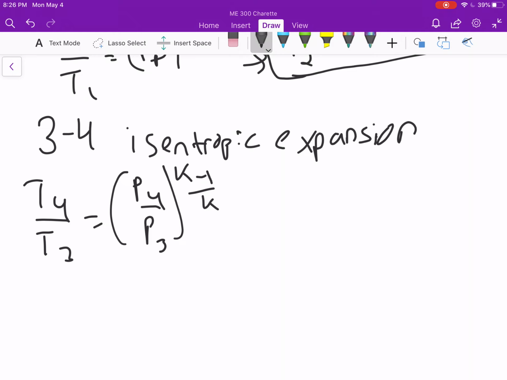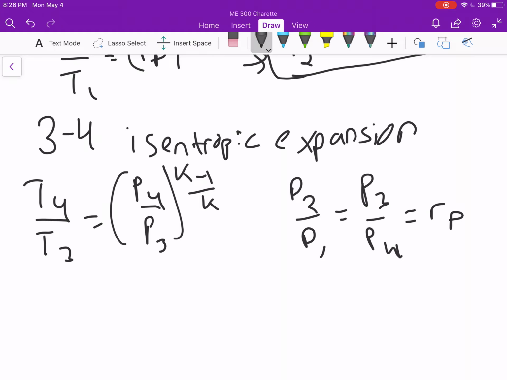Now, like before, we want to substitute out P4 over P3. However, we need to remember that while P2 over P1 is equal to the pressure ratio, P3 over P4 is the one that's equal to the pressure ratio, not P4 over P3.